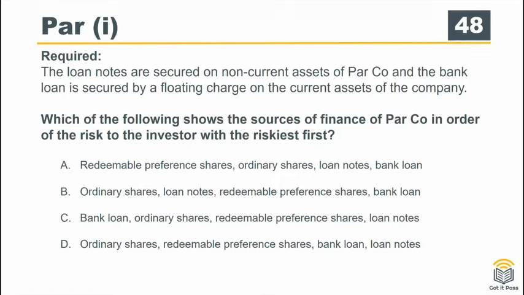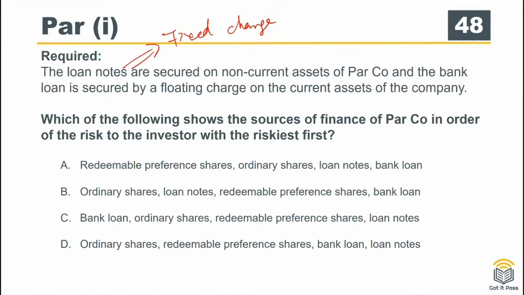So the loan note is a fixed charge on the non-current assets, and the bank loan is secured by a floating charge on the current assets. And the question is, which of the following shows the sources of finance of Par Company in order of the risk to the investor, with the riskiest first?